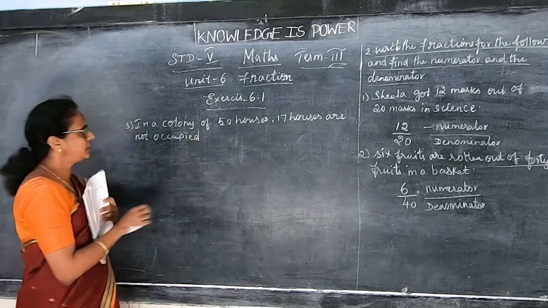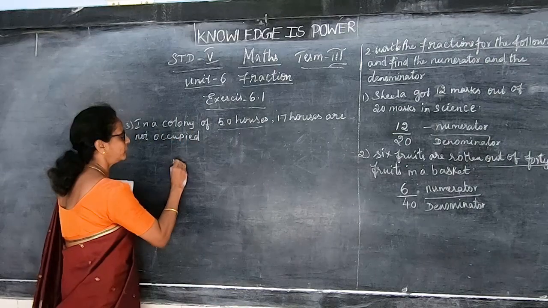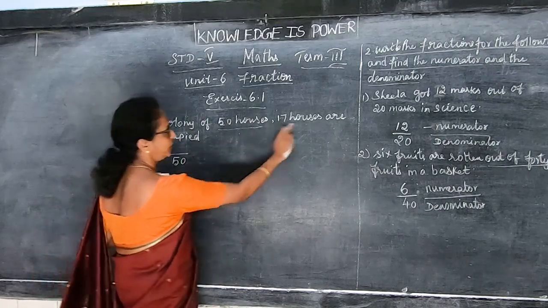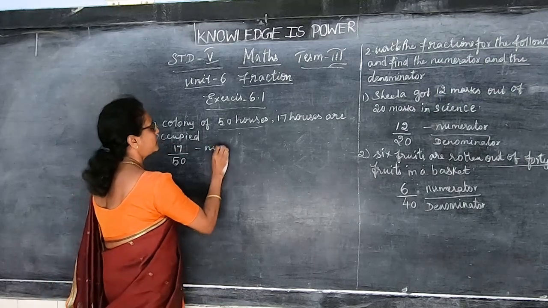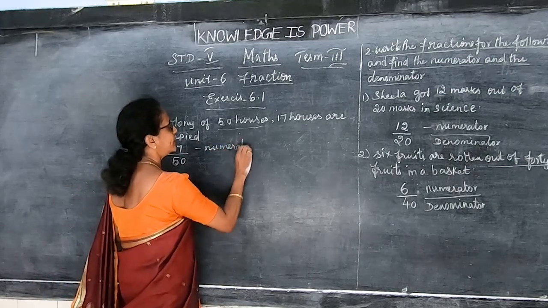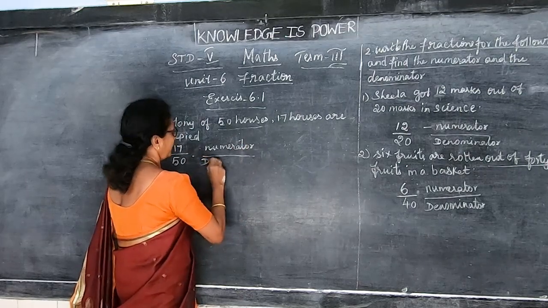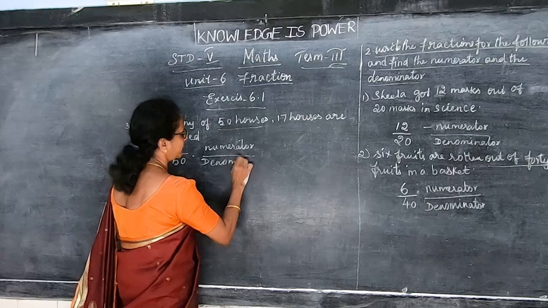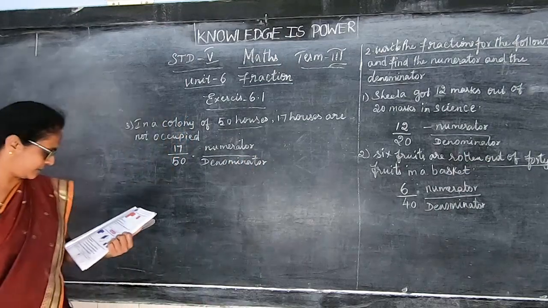So how many houses are there in the colony? 50 houses. 50 is the denominator. And how many houses are not occupied? 17 houses. So 17 by 50, and 17 is the numerator and 50 is the denominator. You have to write like this.